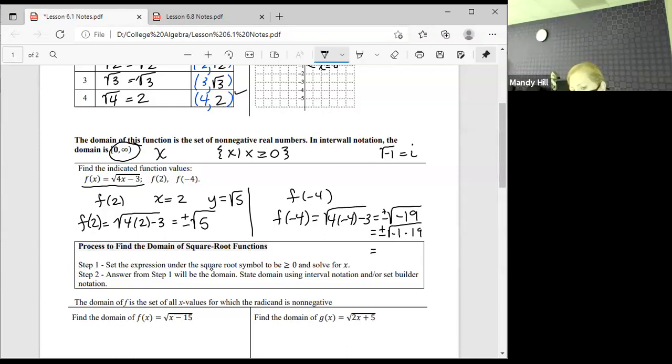So this is really plus or minus i times the square root of 19, because the square root of negative 1 is i. 19 is prime. There's nothing I can pull out of it or factor out of it. So that would be the end of that. We can't really mess with that anymore. All that's asking you to do is plug something in for x and find the answer.